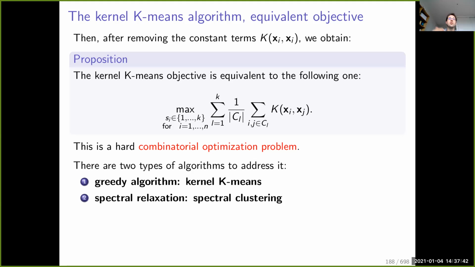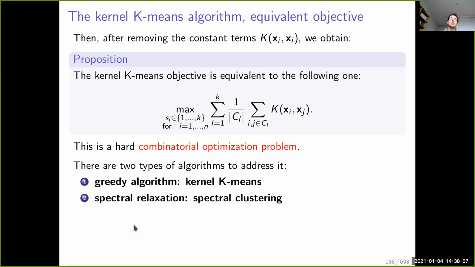Well, when you have a combinatorial problem, either you use a greedy algorithm, which is basically kernel k-means, or you change the problem to something that you can solve, and you hope that the solution of this different problem will be useful to obtain a good solution of the original problem. And this mechanism is called a relaxation.